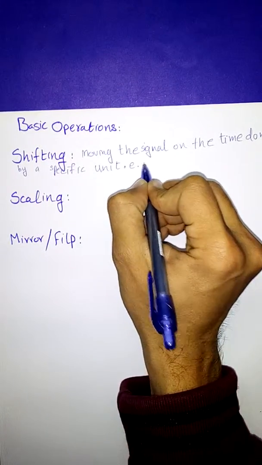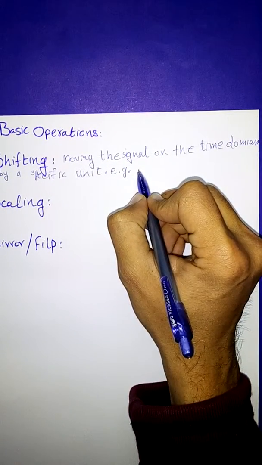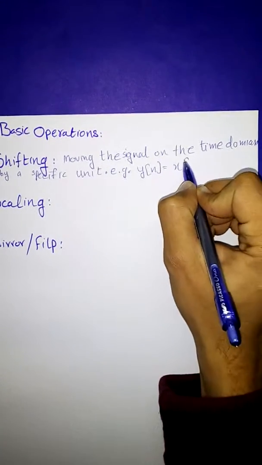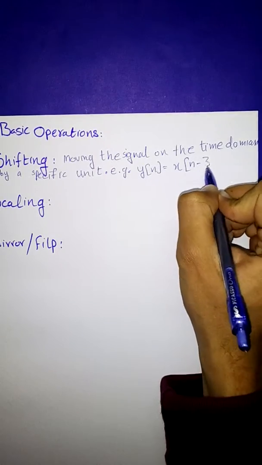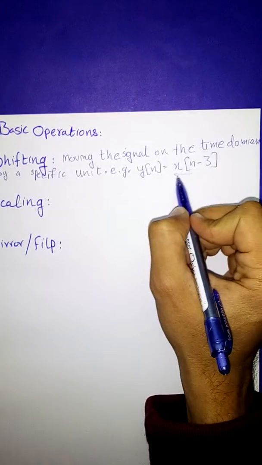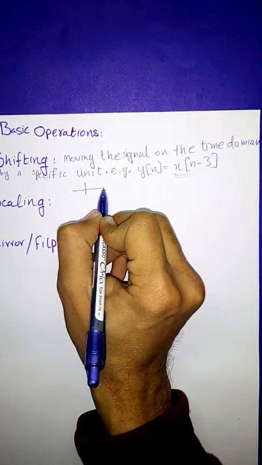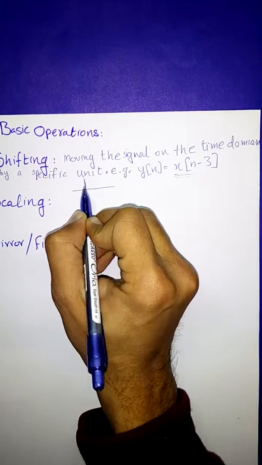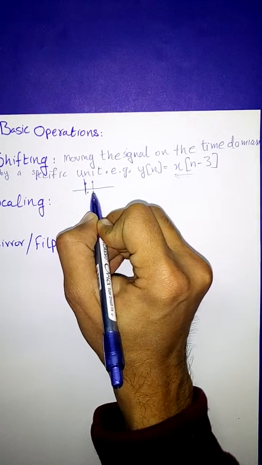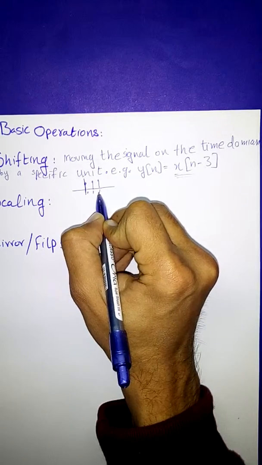and its example is, for example, if y of n is equal to x of n minus 3, then this signal is being shifted and it is being delayed by 3. So if the signal starts from 0 here, it has an amplitude of 1 at 0. At 1 it has an amplitude of 1. For example, this is our x of n.